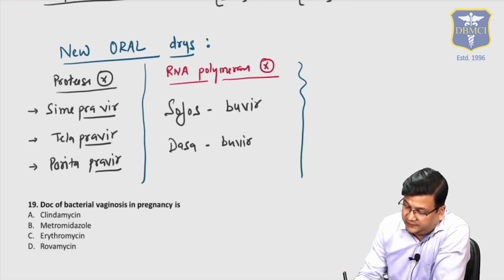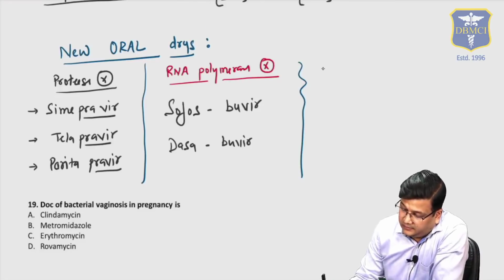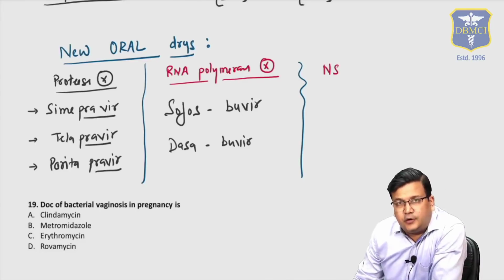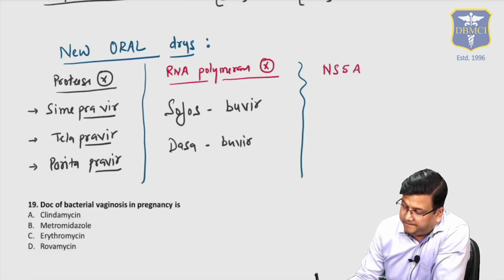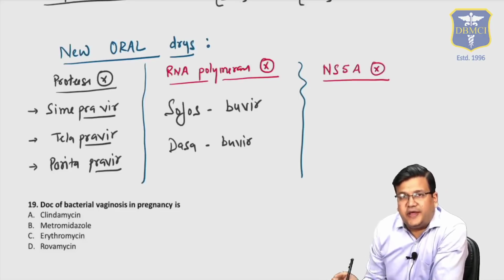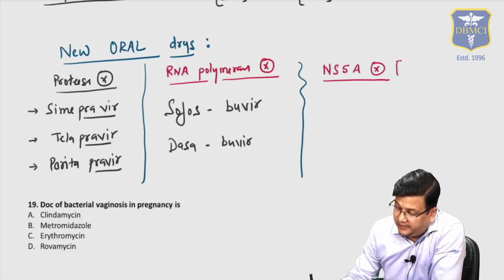And the third class of drugs which have been developed are NS5A inhibitors. NS stands for non-structural. NS5A is a protein which is involved, again, in RNA synthesis.